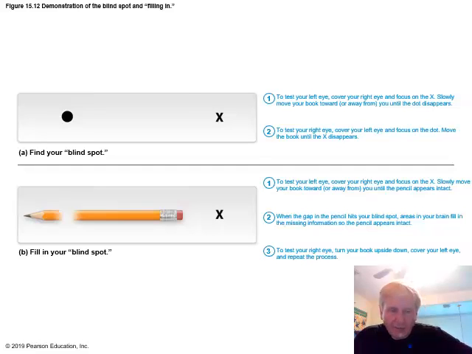At the point where the circle disappears as you bring the book closer and closer, that will be your blind spot. Most people have a blind spot about 8 to 12 inches in front of their eyes.